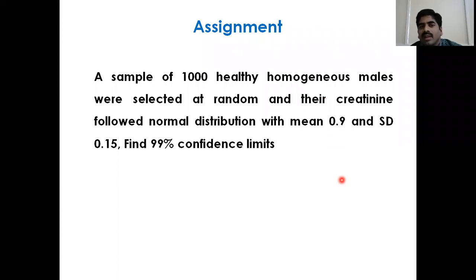Please note down. A sample of 1,000 healthy homogeneous males was selected at random, and their creatinine followed normal distribution with mean 0.9 and standard deviation 0.15. Find 95% confidence limits. Please note down.